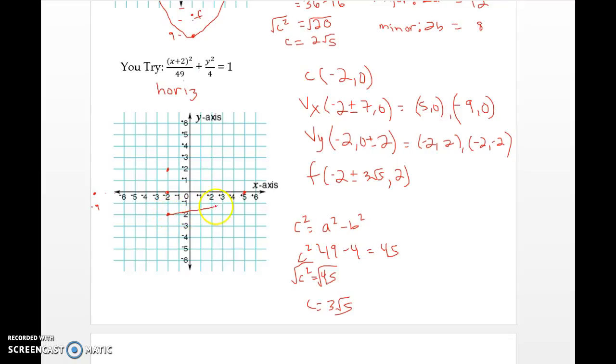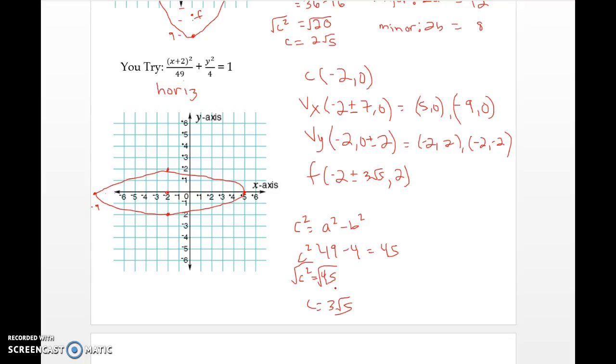I'm going to combine these all together. And again, you can look at your points, that you actually found the points and graph them, or you can just count as I did. So from your center, you're going 3 root 5 or root 45. That's almost 7.